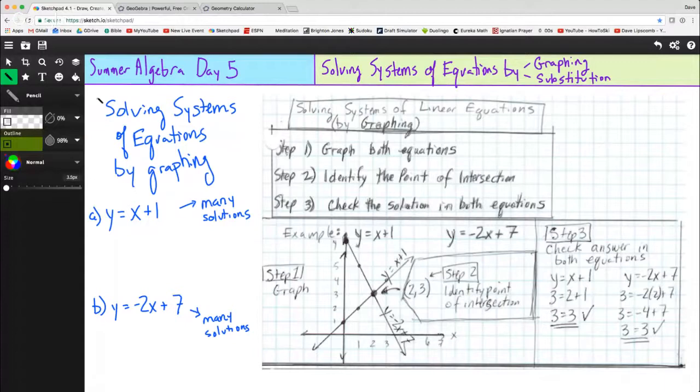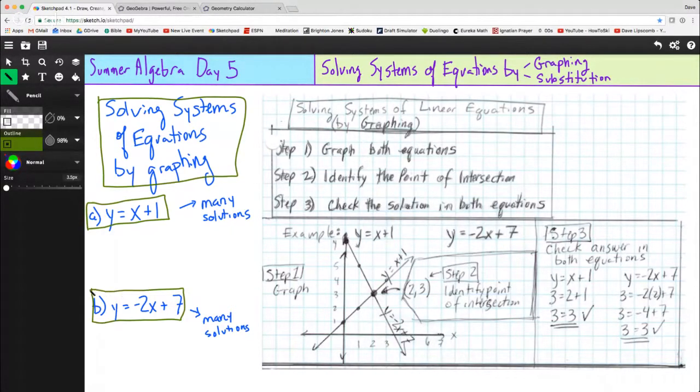So we know how to graph. We learned in prior days how to graph single equations like y equals x plus 1 and y equals negative 2x plus 7.